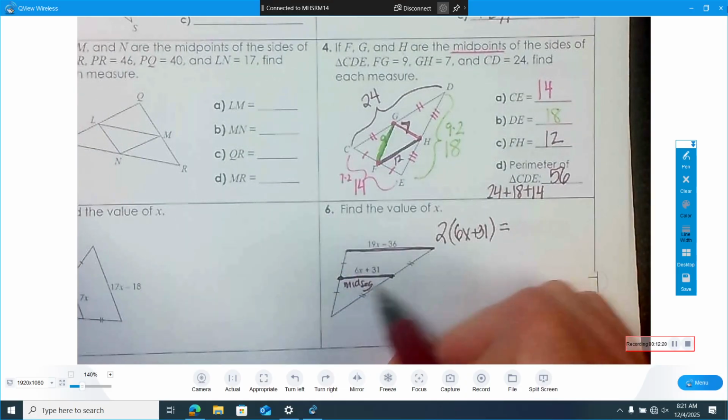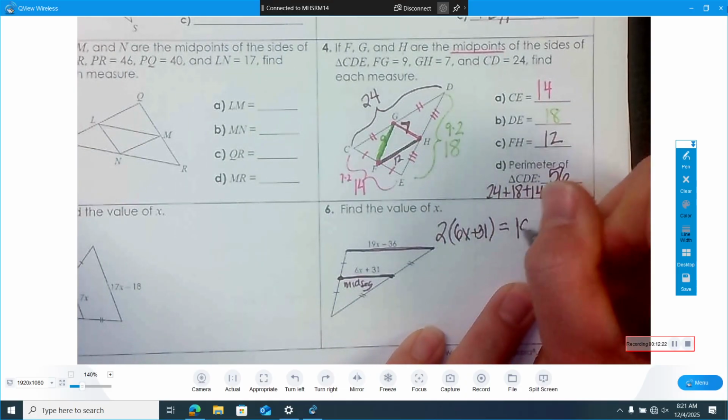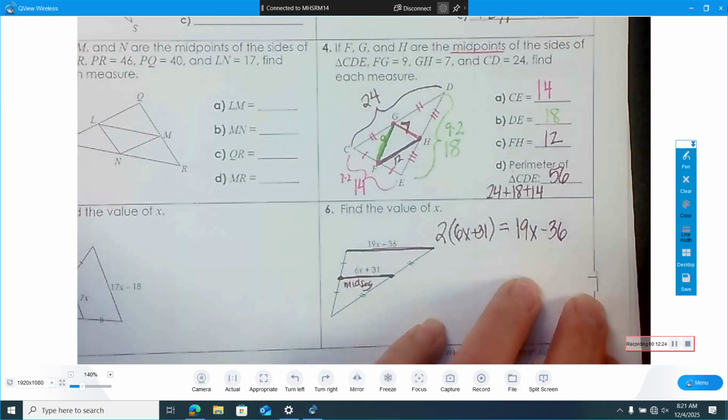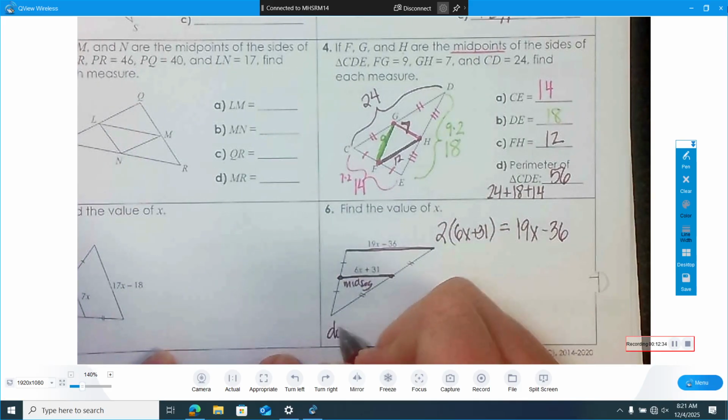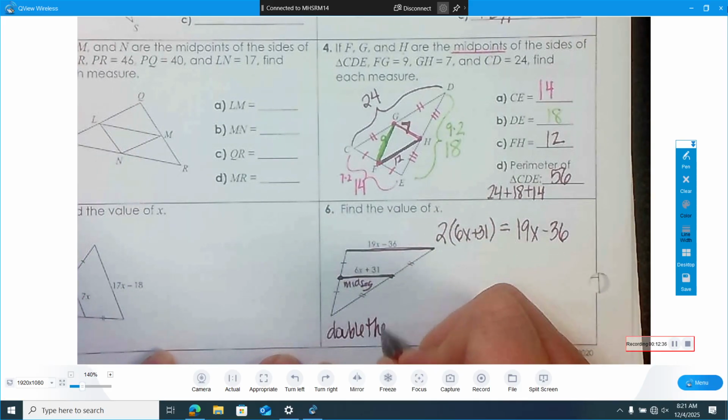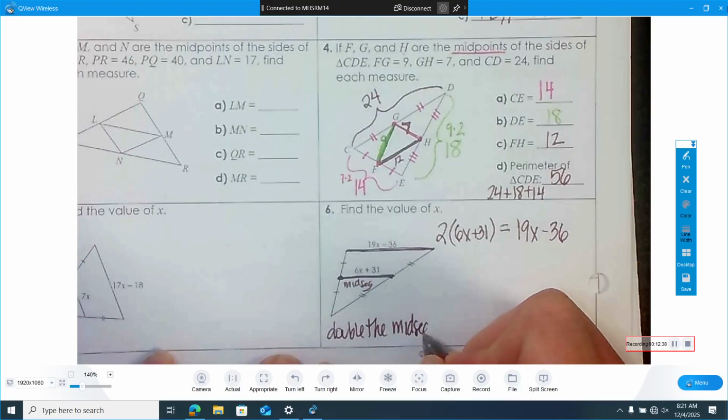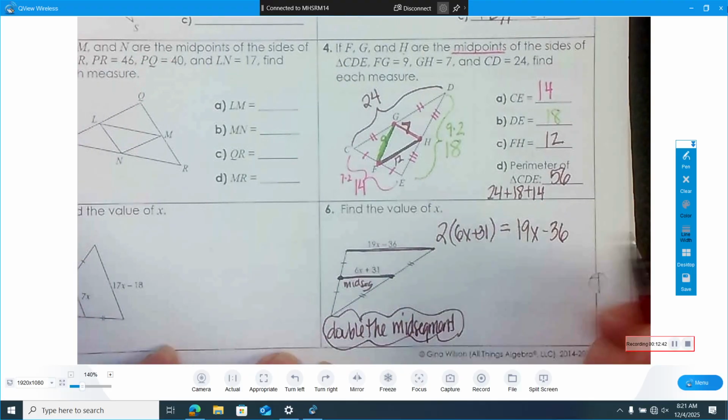So twice the midsegment equals 19x minus 36. Okay? Does that make sense to you? All right, double your midsegment. Maybe write that down. Double the midsegment.